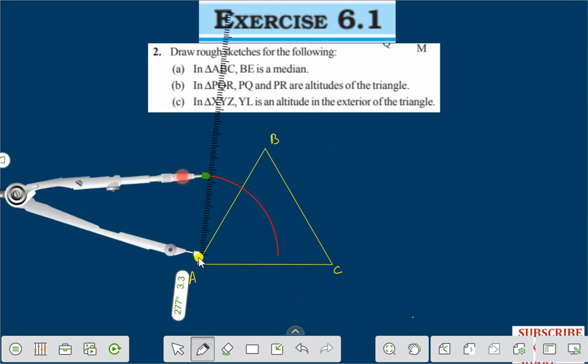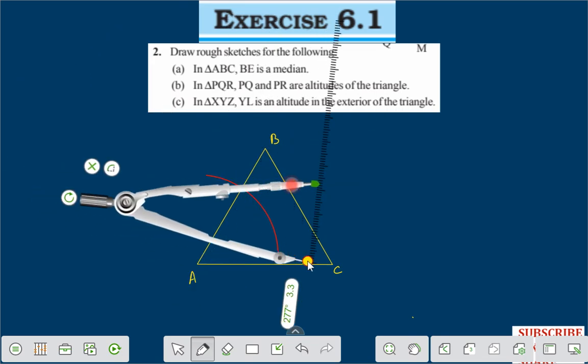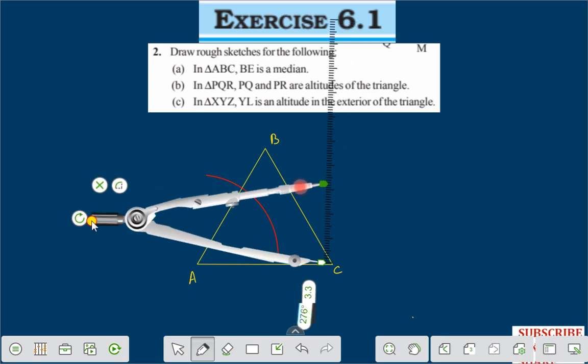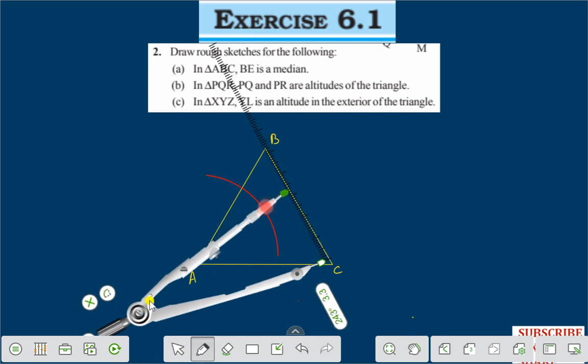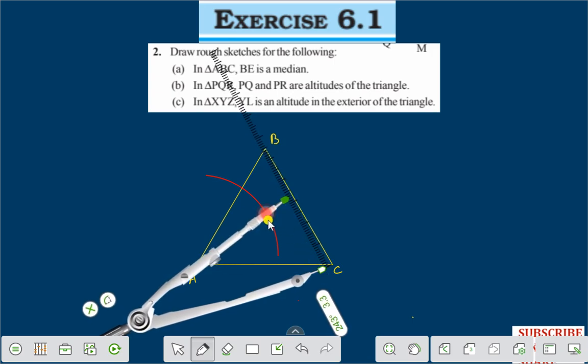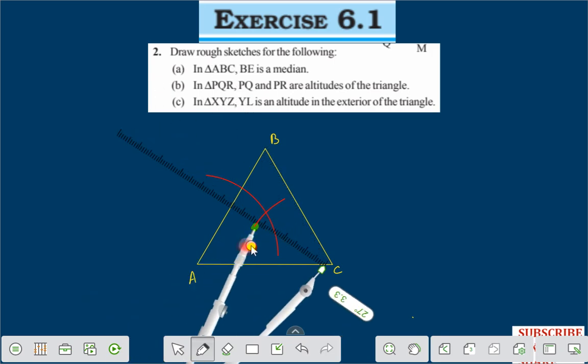Then, with this pointer at point C, draw another arc here.